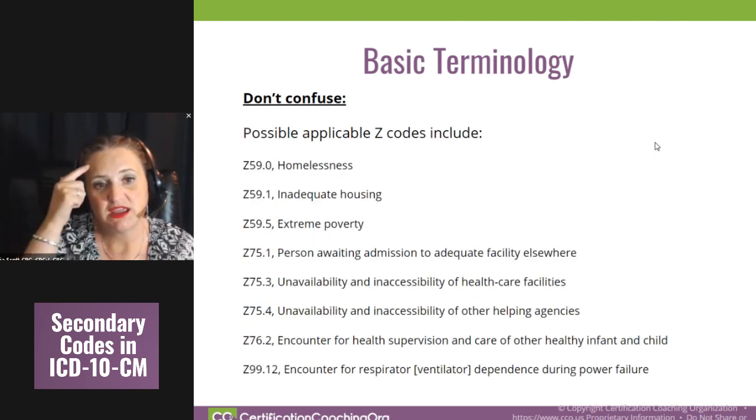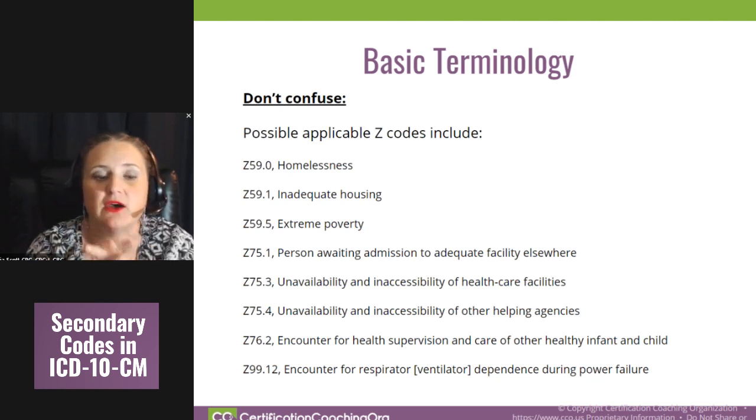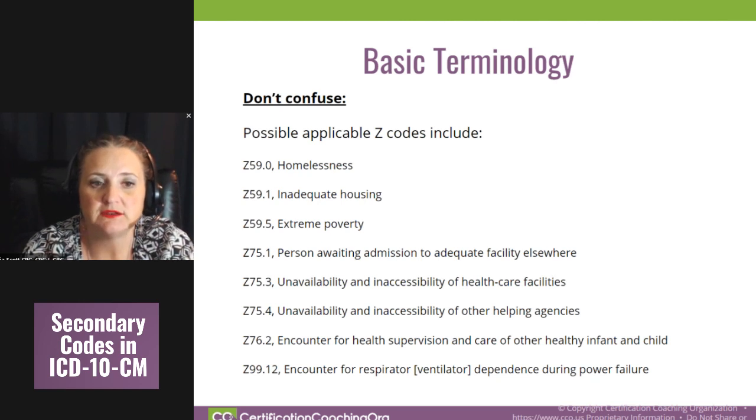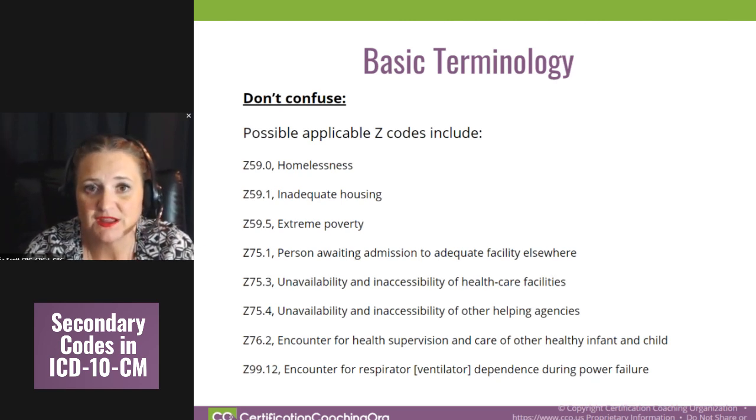So what do they look like? Here are possible Z codes that you'll see sometimes. Now, why would it be pertinent to put Z59.0? Is the patient being seen by the provider because they're homeless? No, they're not.